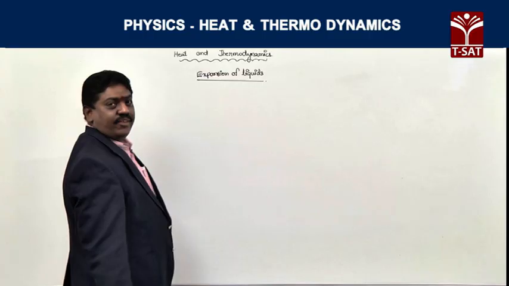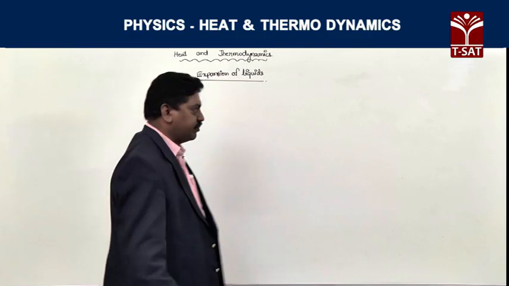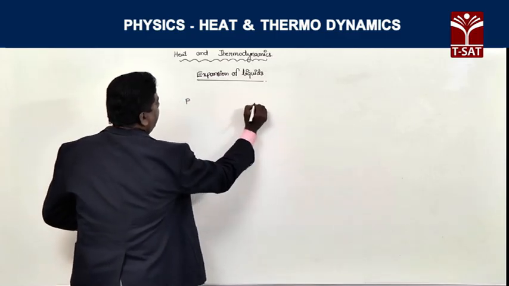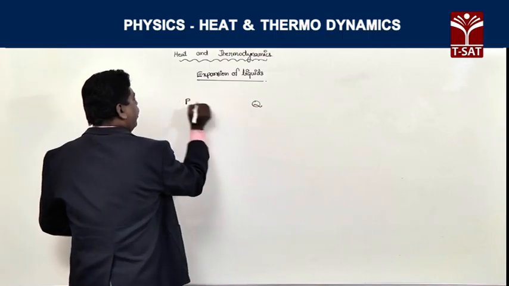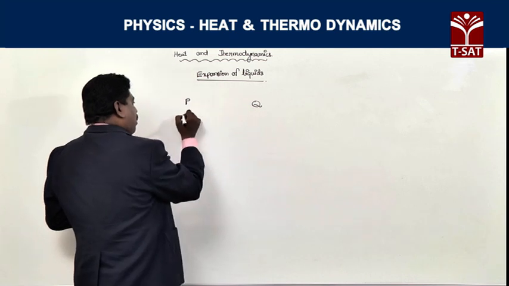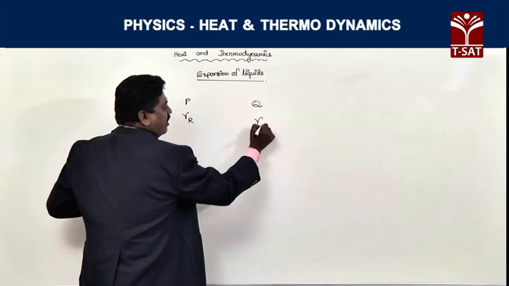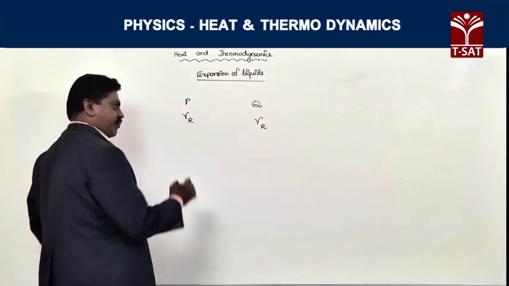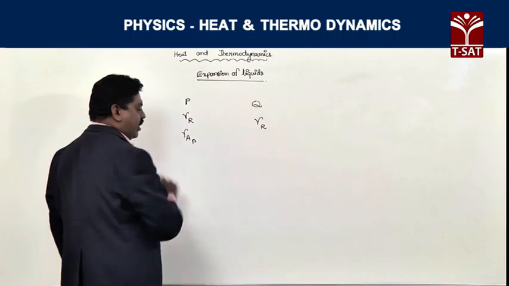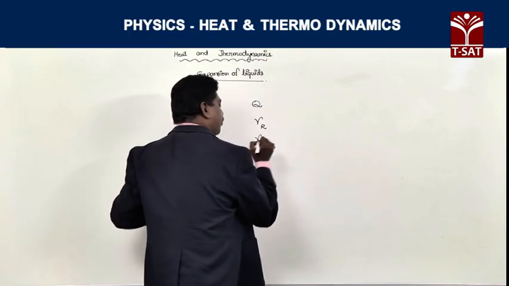Now let us consider another case where the same liquid is heated in two different containers. Let us say a container P and a container Q. The coefficient of real expansion remains the same in both containers, gamma R. Whereas the apparent expansion in the first container is gamma AP and in the second container is gamma AQ.